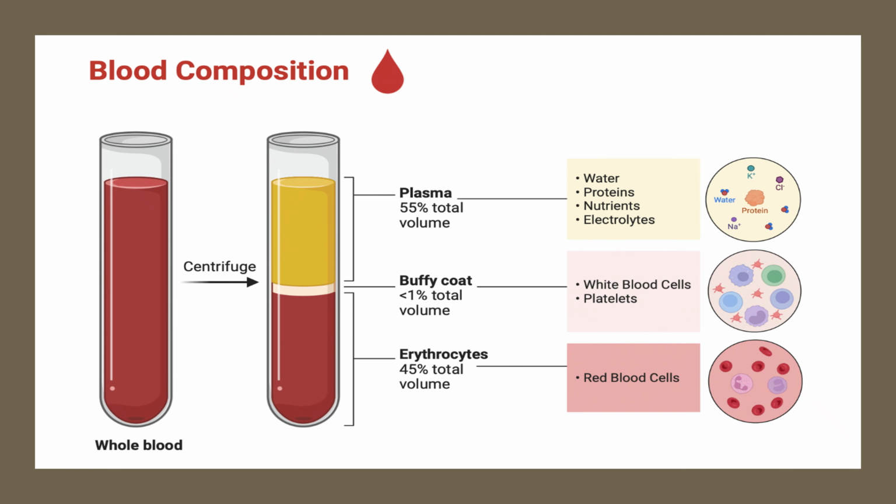Disorders in those areas can lead to various types of anemia. And thrombopoiesis, the platelet production, is also a crucial process supported by the stem cell.